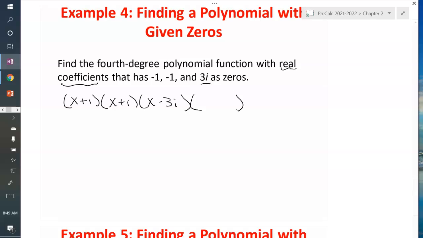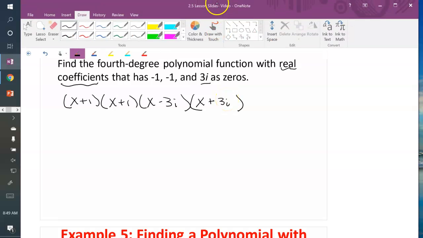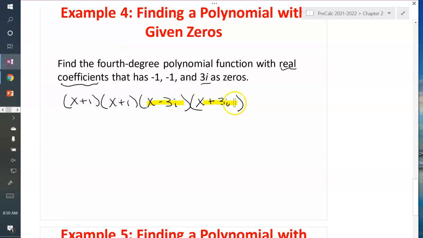And my complex ones must come in pairs. So therefore, my other one is going to be x plus 3i, which means that my 4th zero is going to be -3i, because it's the conjugate of positive 3i.